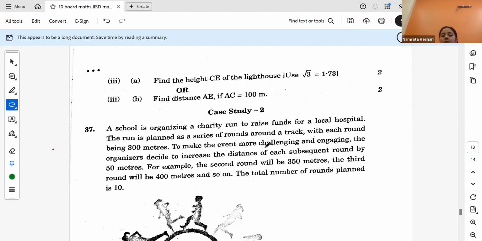To make the event more challenging and engaging, the organizer decides to increase the distance of each subsequent round by 50 meters. For example, the second round will be 350. It is written that the first round is 300, next is 350, next is 400, next is 450. The total number of rounds planned is 10.